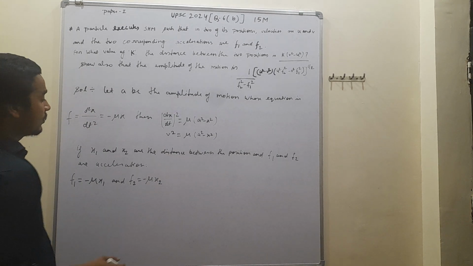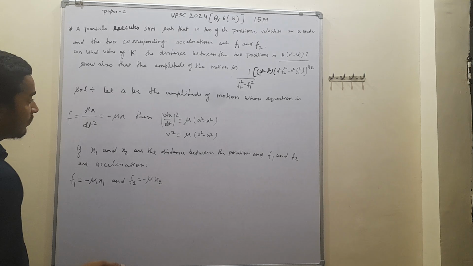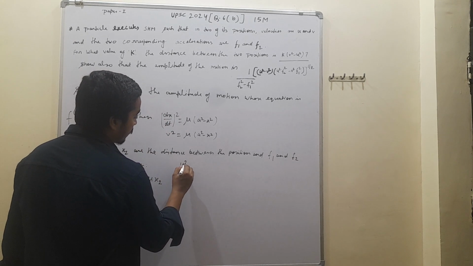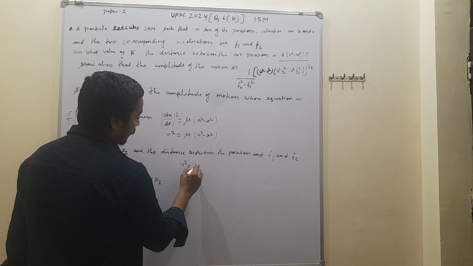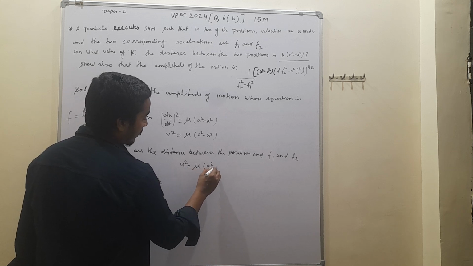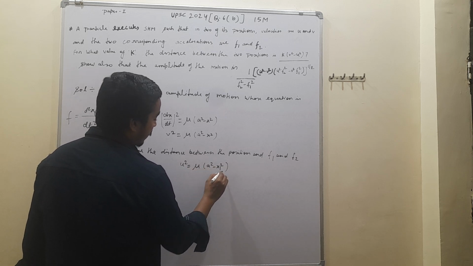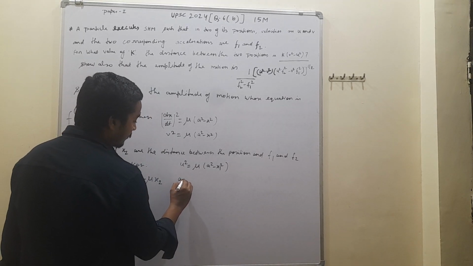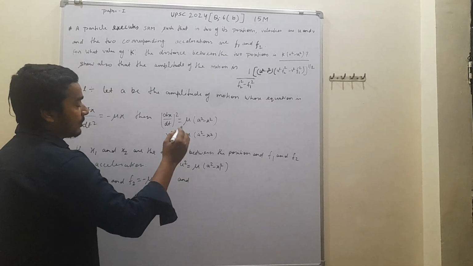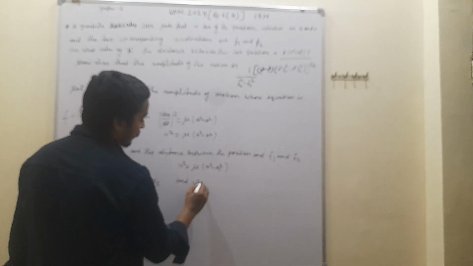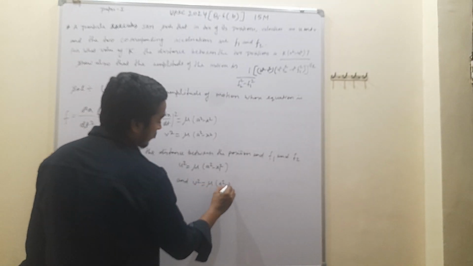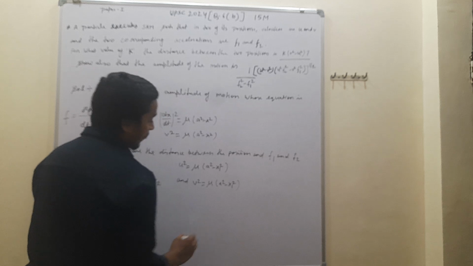When the initial velocity is u, then u square is equal to mu (a square minus x1 square), and when final velocity is v, v square is equal to mu (a square minus x2 square).